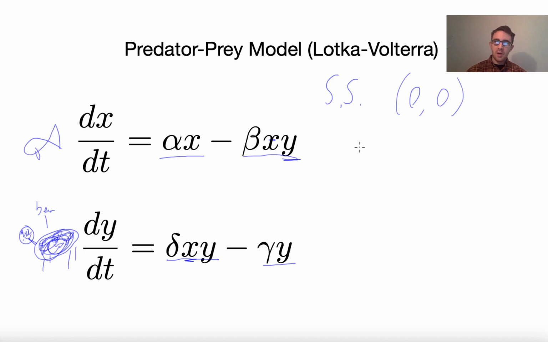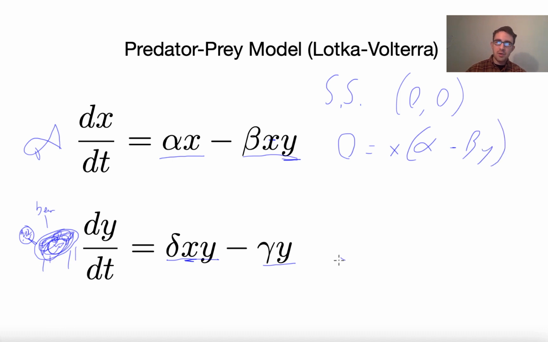We'll solve for that by setting the derivatives equal to 0, and then pulling an x out, and we get x times alpha minus beta y. That's what we'll be solving for in this equation.